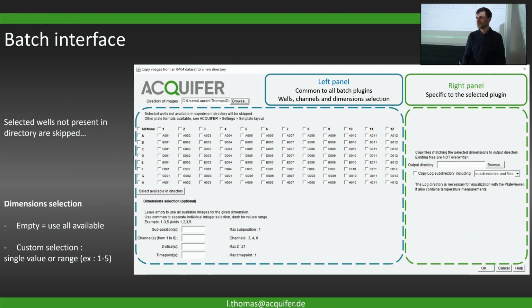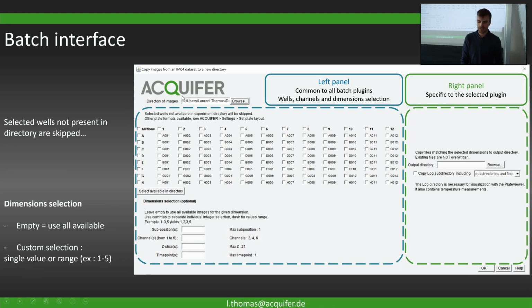For this batch plugin, the first thing to know, before I start with the actual demo, is that all the plugins have pretty much the same graphical user interface. The left panel is the common part, and that's where you select the well you want to use, basically the image planes for this well, including all the Z slices, time points, and channels.